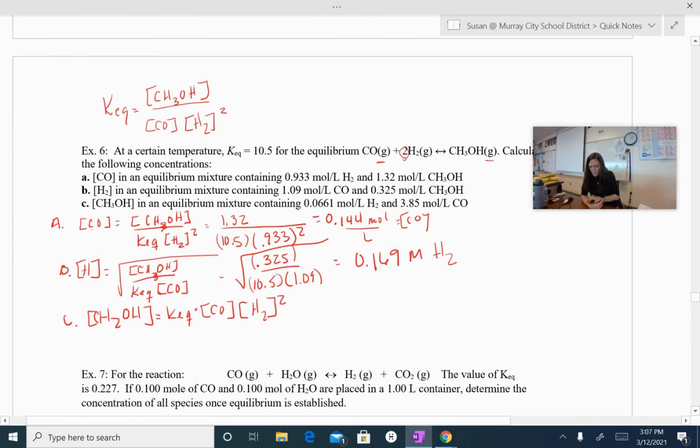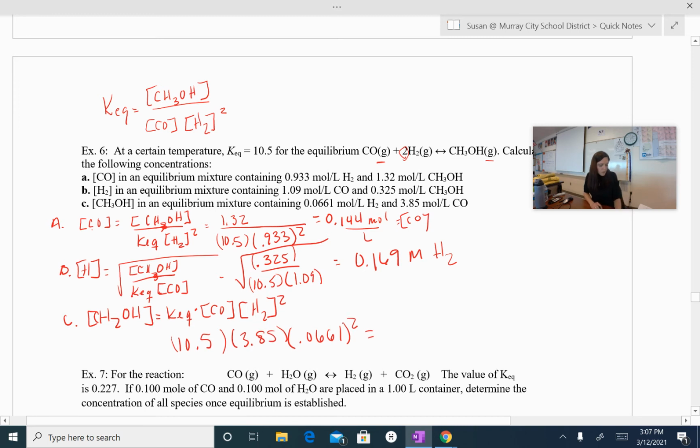Okay? So I have my equilibrium constant, which is 10.5. My carbon monoxide concentration is 3.85. And my hydrogen concentration is 0.0661, and I need to square that.